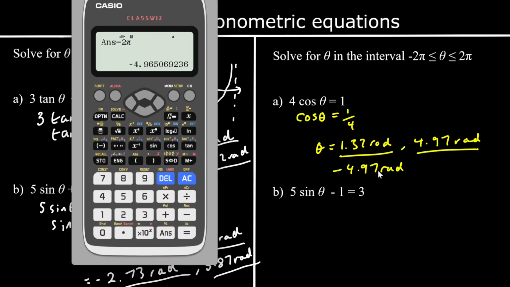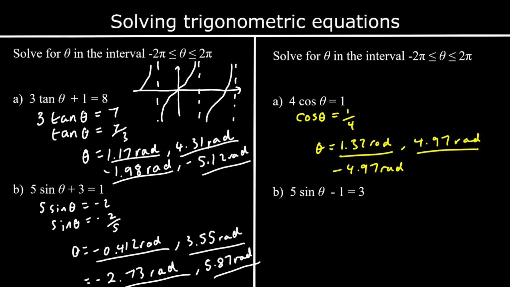And if we do our second answer, which was B, take away 2 pi, we're going to get negative 1.32.